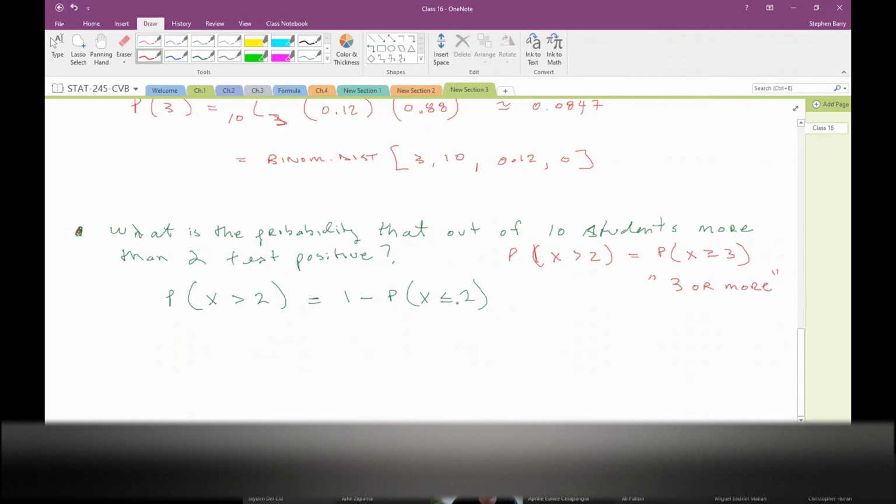So more than 2 would be 1 minus the probability that x is less than or equal to 2. And this is a lot quicker to use in Excel, because here you would have to do 0, 1, and 2 by hand, or you could just do binomial 2, 10, 0.12, and 1, because I want cumulative there.